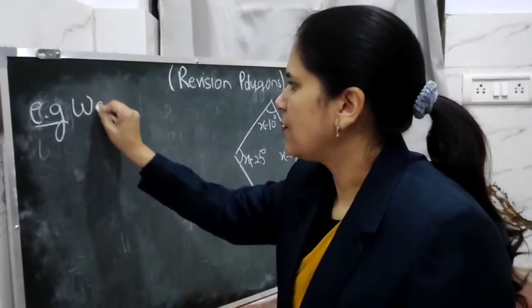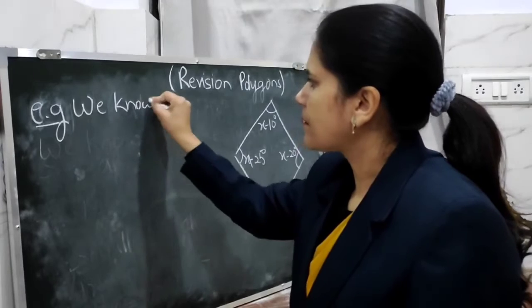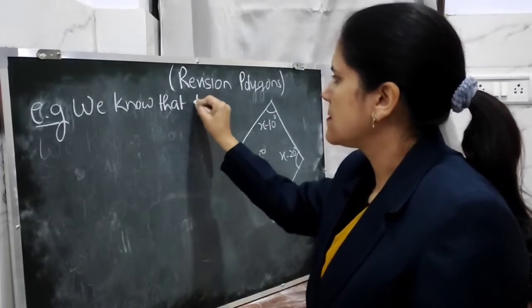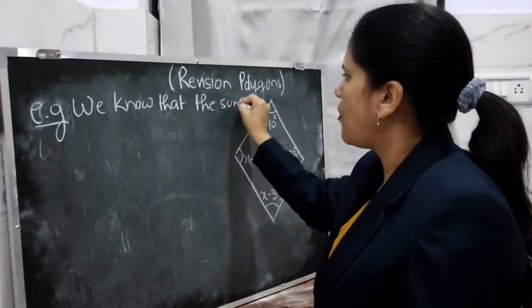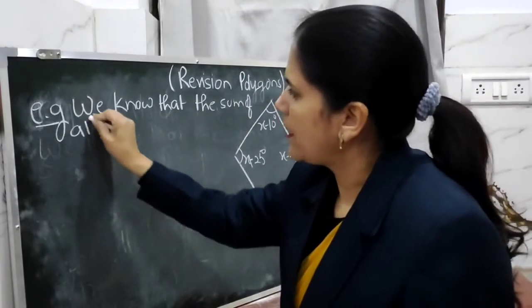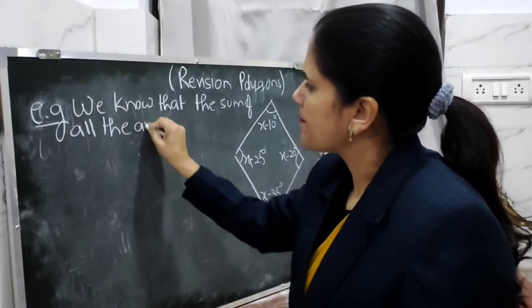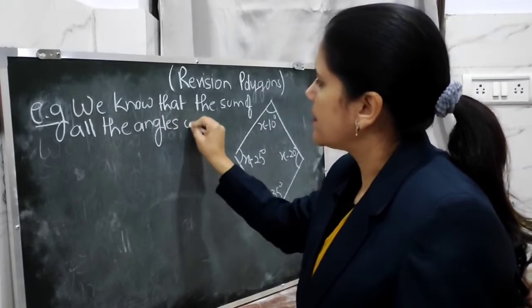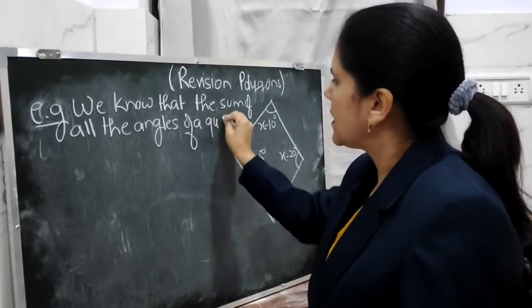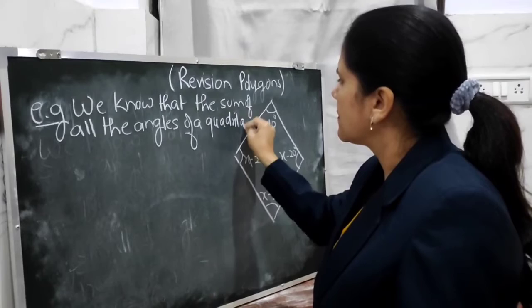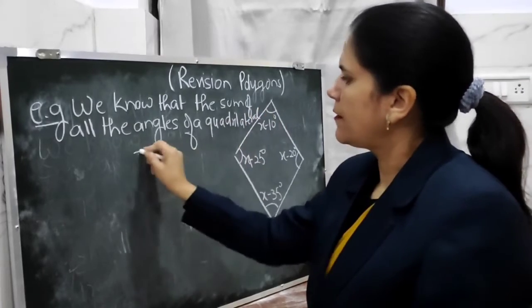First of all, you write down, we know that the sum of all the angles of a quadrilateral is equal to 360 degree.